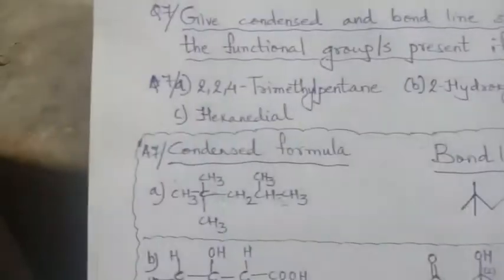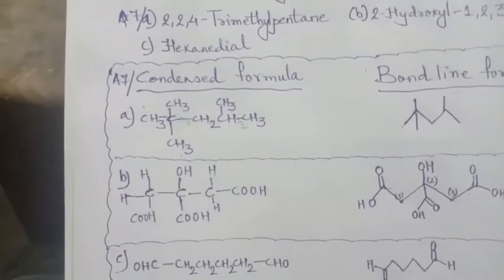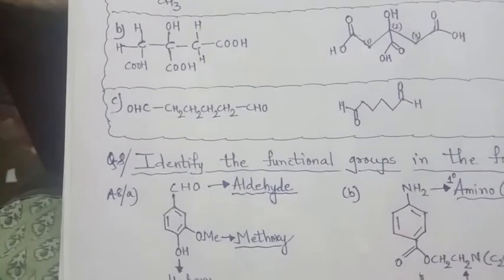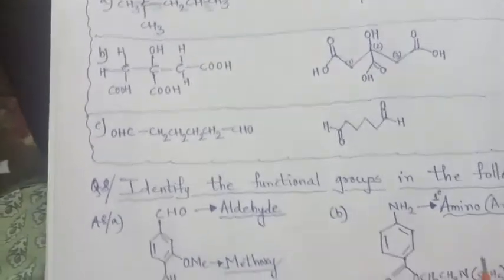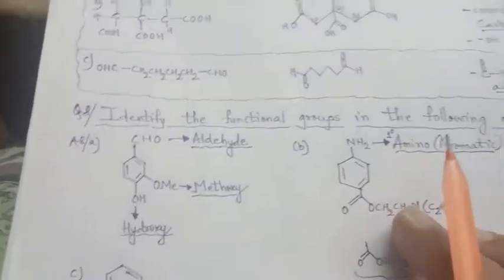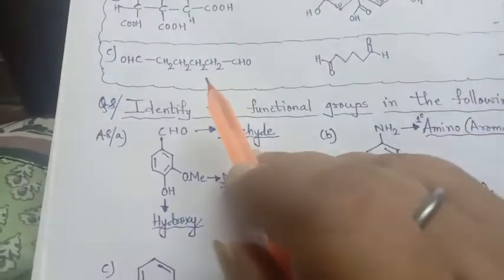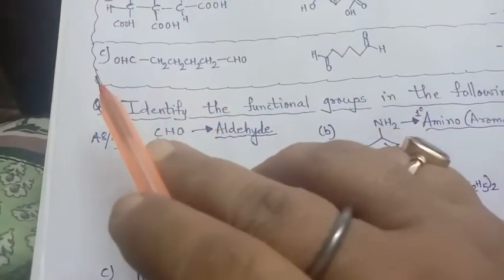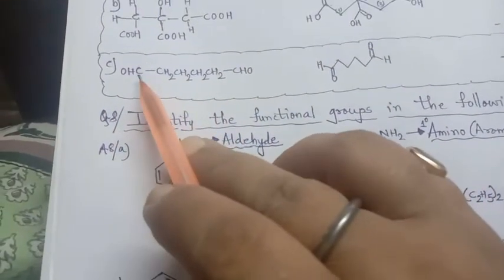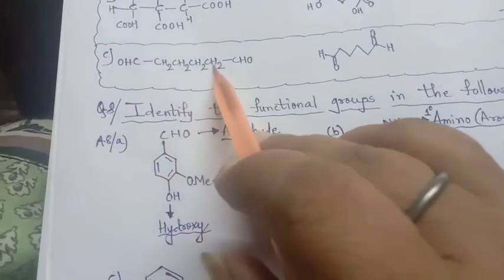And the third question is given. It is about hexane dial. Al, that means aldehyde, and it is hexane. Right? Now we know that aldehyde is a terminal functional group and for the hexane family, no name is mentioned. So what we will do, 1, 2, 3, 4, 5, 6.